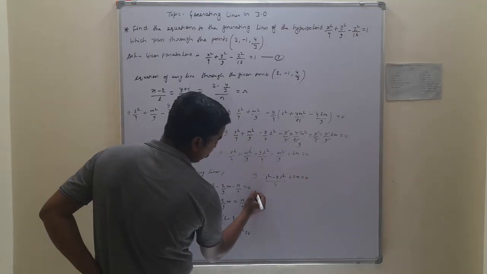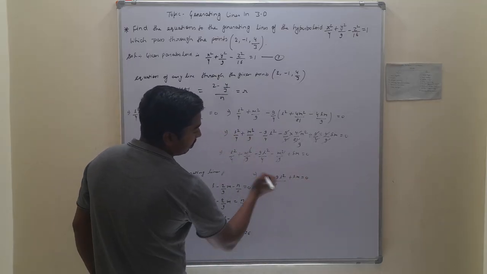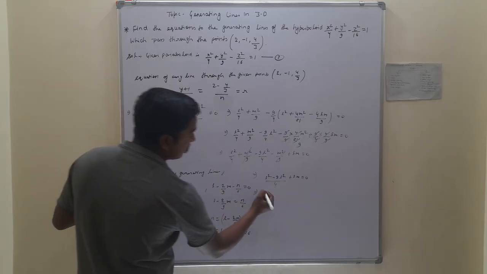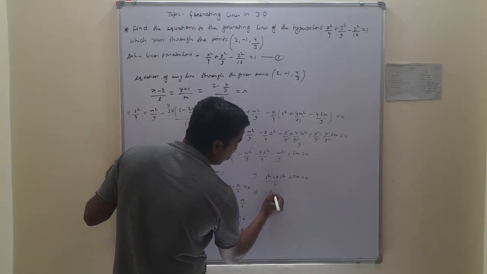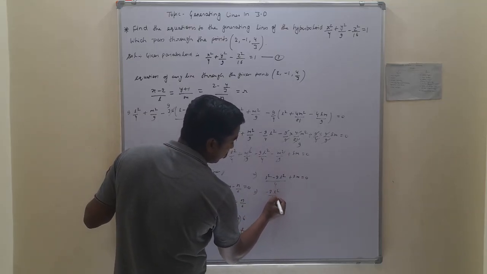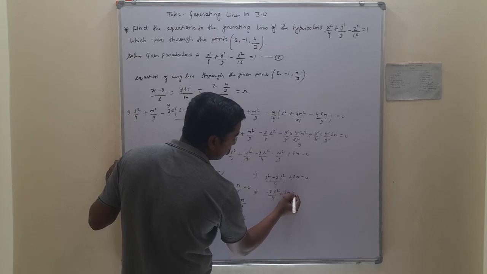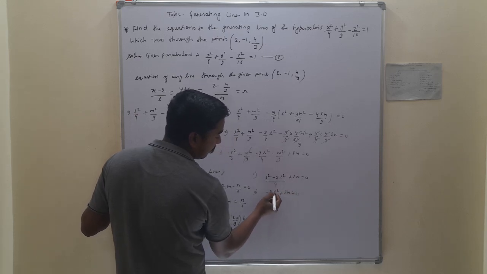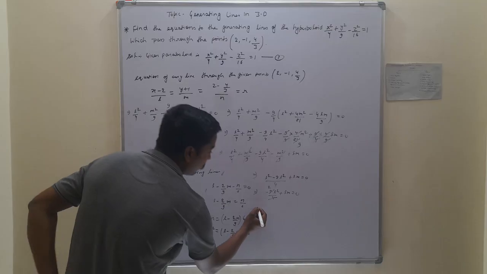From here we get l square minus 9 l square is minus 8 l square by 4 plus lm is equal to 0, and we have to cancel out 4 to the 8.